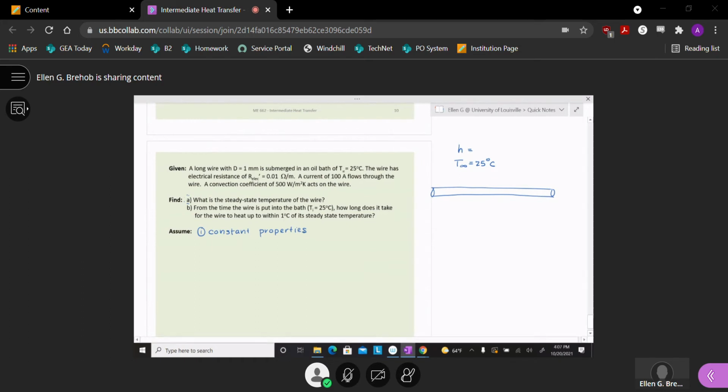And just to talk about this for a minute, if we had this wire in air, listing that we're neglecting radiation is maybe a little bit more important because we think of air as nearly transparent to thermal radiation. But if we have this wire in water, or in oil, we don't consider the radiation effects because we don't have radiation traveling through that fluid to a solid surface. So I'm not going to list no radiation because they told us we're in this oil bath. We wouldn't expect to have radiation.